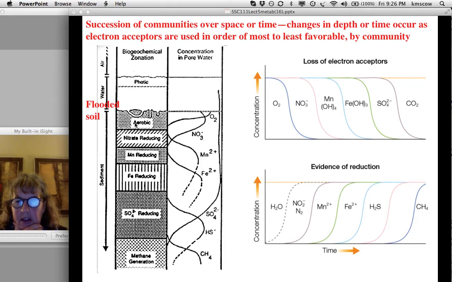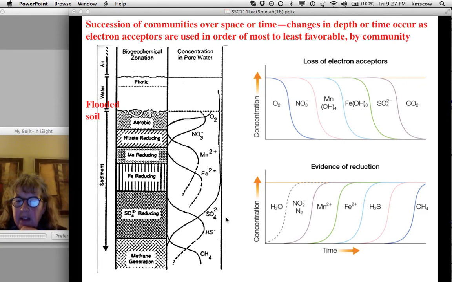And then to the left, there's these zones that correspond to different dominations by different kinds of electron acceptors being used, with oxygen aerobic being in the surface and methane being generated, which is actually CO2 being used as the electron acceptor, down in the bottom.